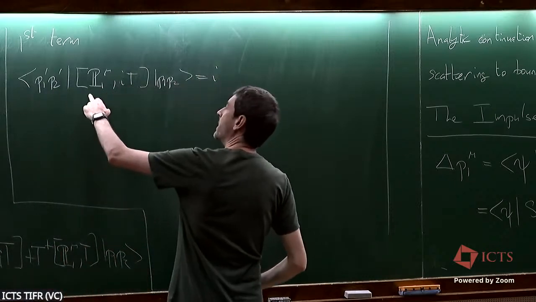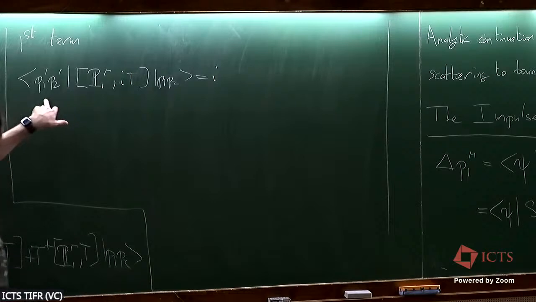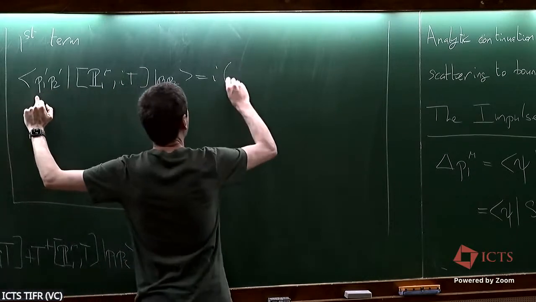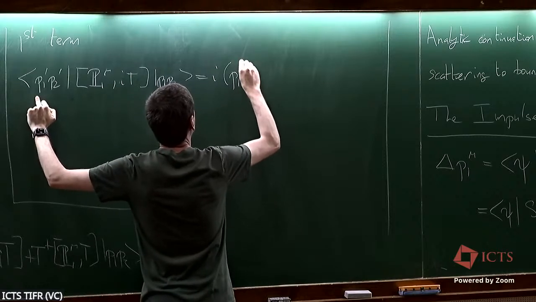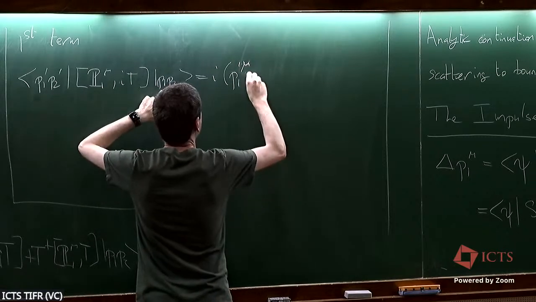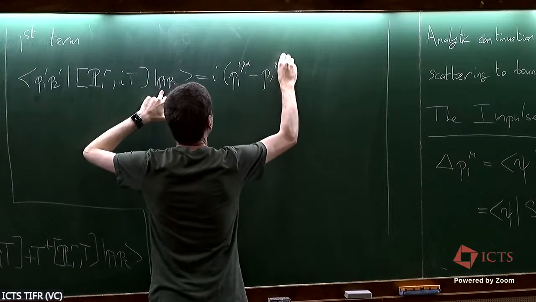I. See, the operator p1, I think of the commutator as 2 terms. There's a term where the p1 is on the left, so that gives you a p1 prime mu. And then there's a term where the p1 is acting on the right, that's a p1 mu.